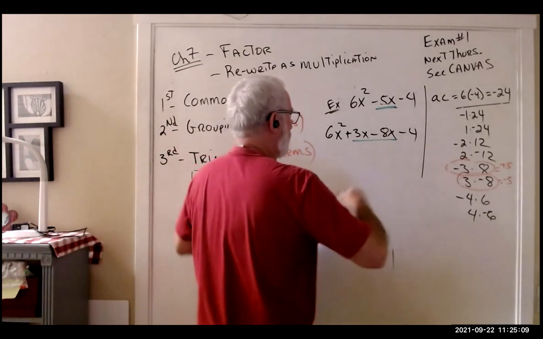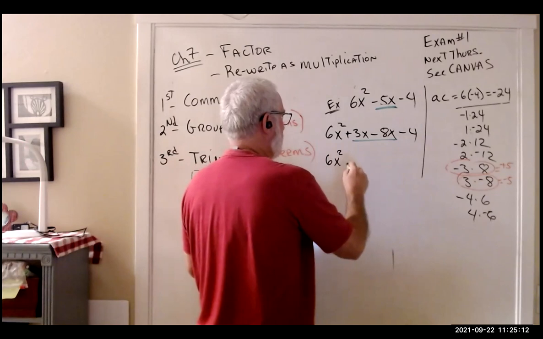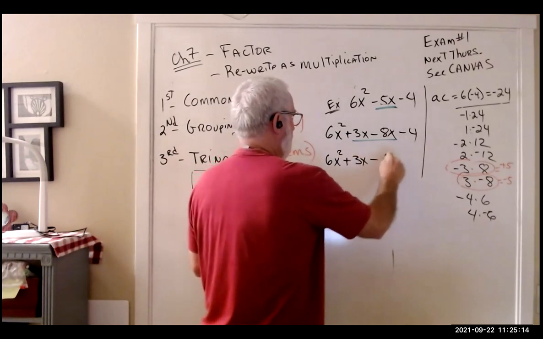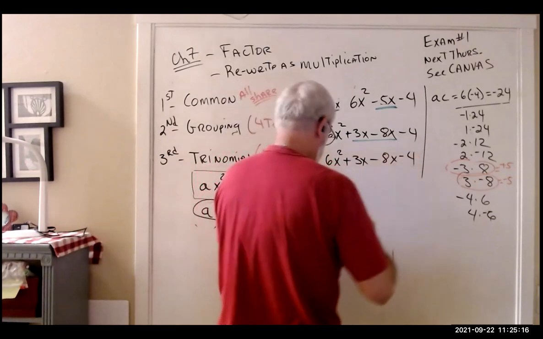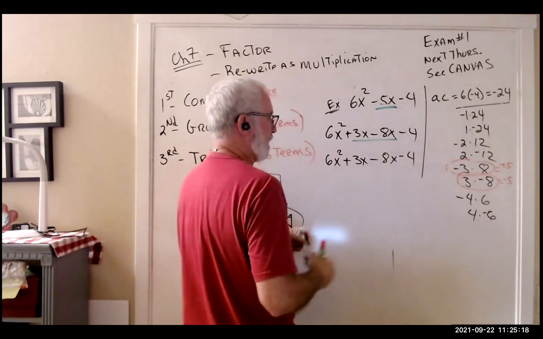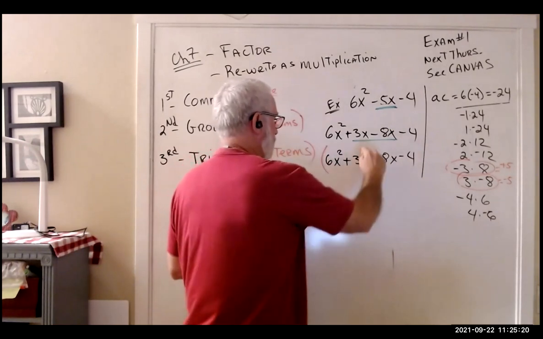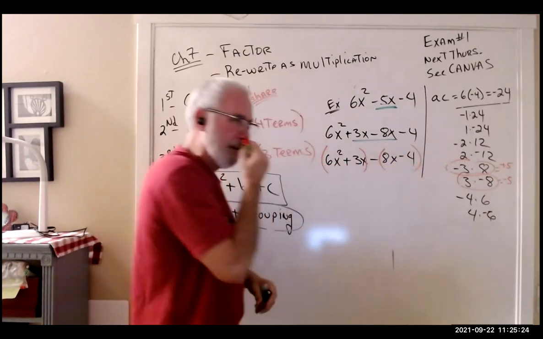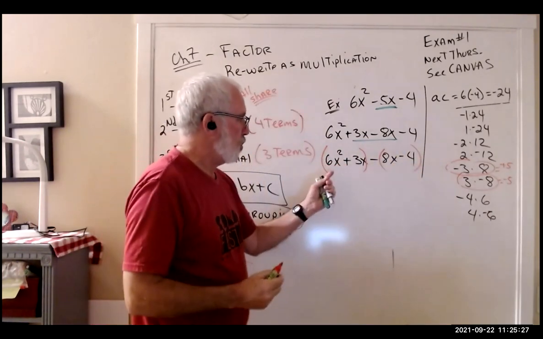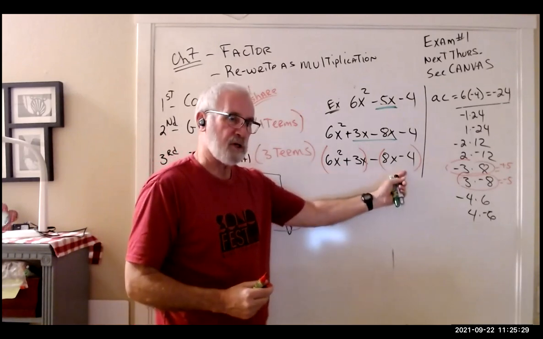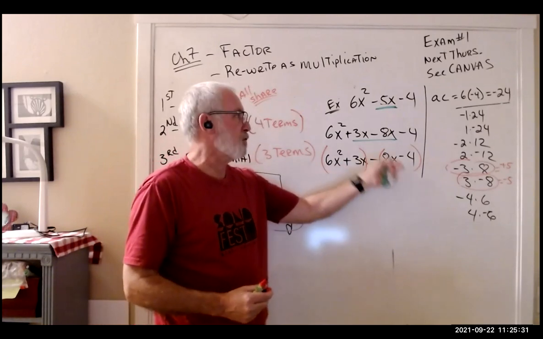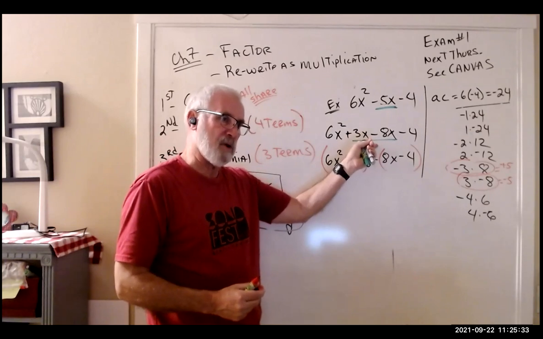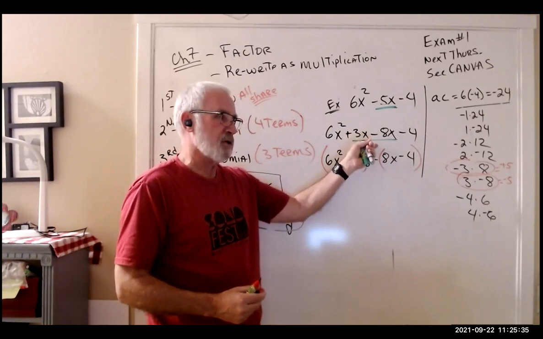Okay, I'm going to write this down a second time because I'm going to put the parentheses in, and I'm going to ask the question by putting the parentheses around the first group and around the last group. Is my new problem with parentheses equivalent to my problem up here without parentheses?